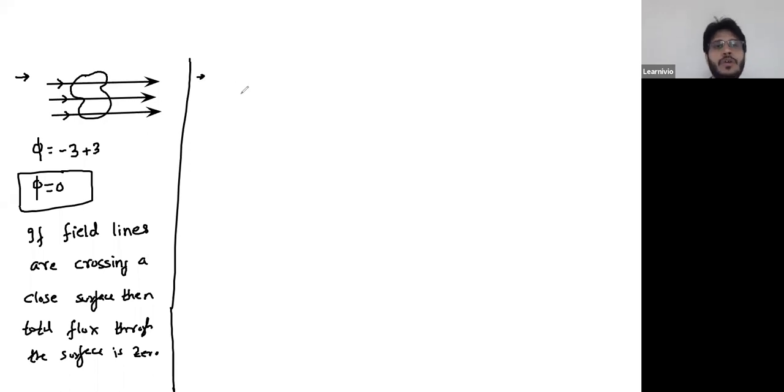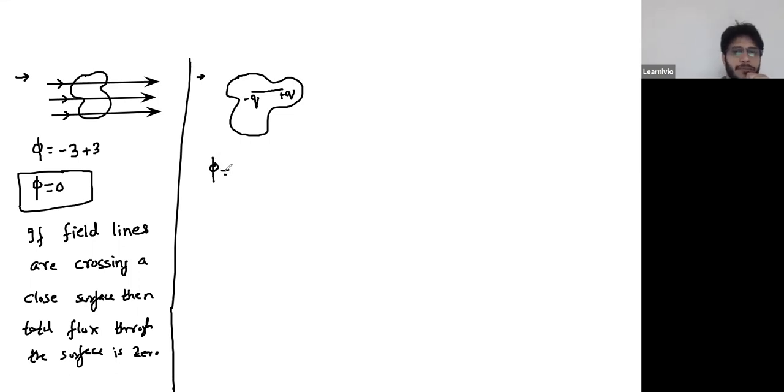The next property. Say you have this closed surface, and within this closed surface I put an electric dipole. Juvena, what should be the total flux? 0. Why?